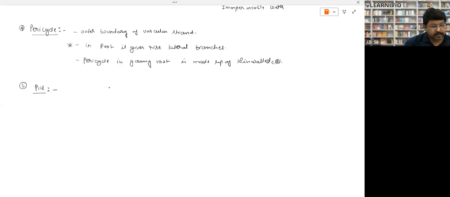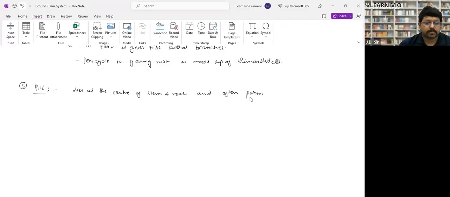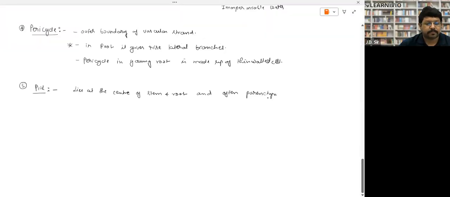It lies at the center of stem and root and often parenchymatous. It is well developed.